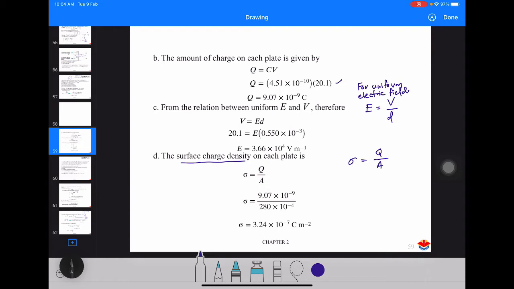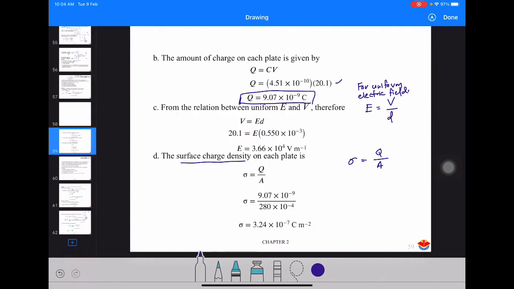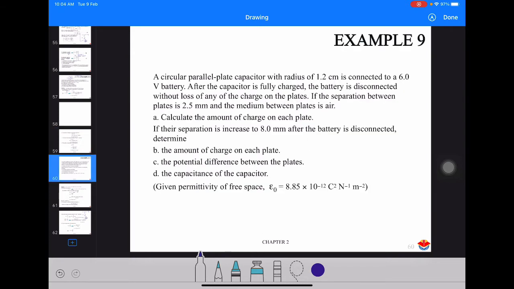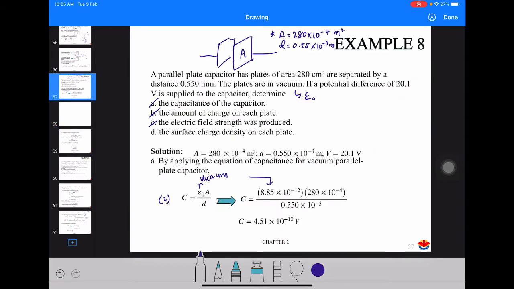Now just substitute the total charge Q, which is the Q value that you got just now, and then substitute the area from the question, which is this one, and you should get the answer of sigma. Rarely do they ask this in the exam, but you should know it anyway. Normally, most of the time, I think the question will revolve around questions A, B and C. This one is something extra for you to know.